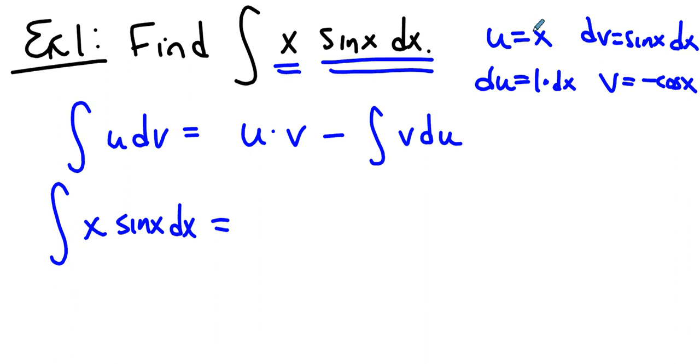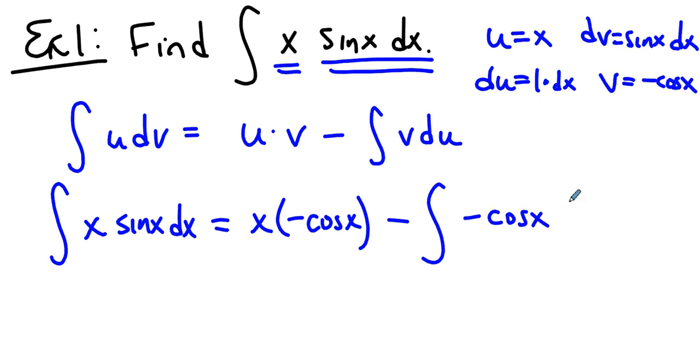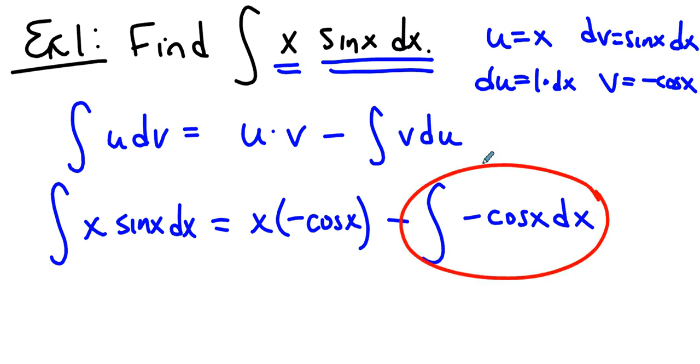U times v, that's x times negative cosine x, minus the integral of v du, that's negative cosine x dx. So this whole thing hinges on, is that easier to work with than the integral at the top of the page? The answer is yes, so we're in great shape with that.